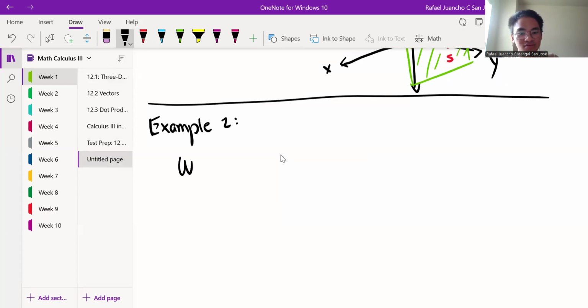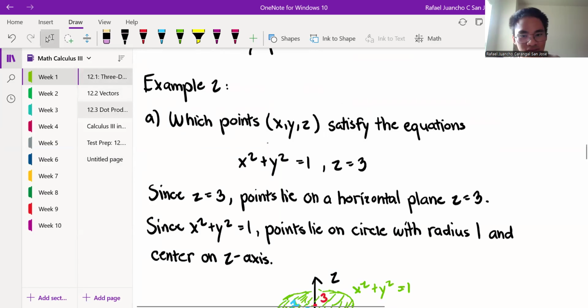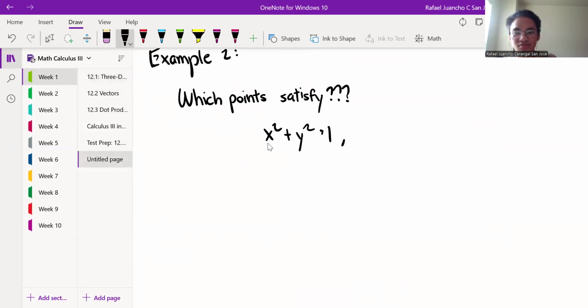What was it? X squared plus y squared equals 1, and then z is 3. Which points x, y, z?